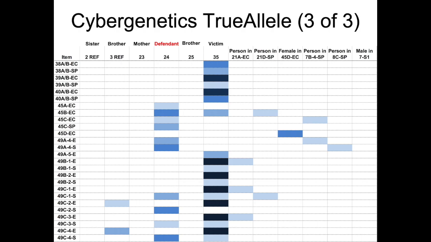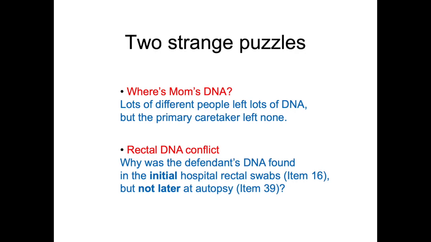In the 138 DNA match associations to 77 evidence items, not a single match association is for the mother. The computer's information-rich survey of the DNA landscape of this crime scene left us with two strange puzzles. First, where's mom's DNA?